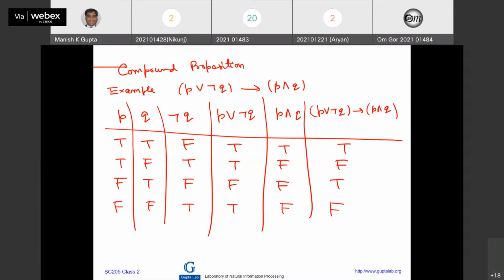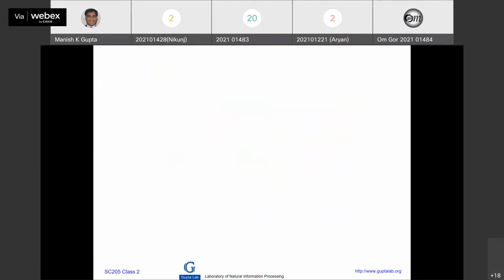By the way, when we have some sort of expression, of course, there should be an order. Which one I should evaluate first? Okay, so that I can make a table. Precedence of logical operations.